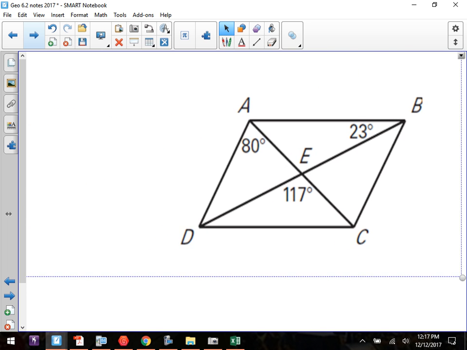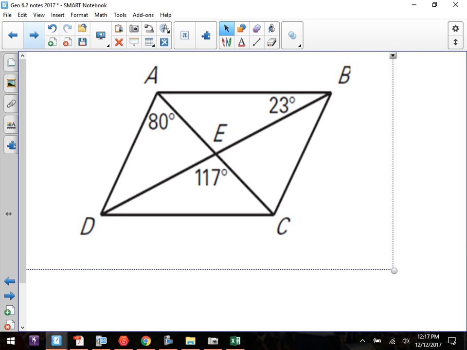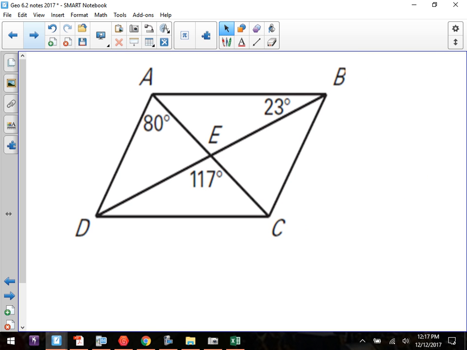This is a parallelogram, A, B, C, D. And they're giving you 3 angles. If you go through the entire thing, you'll notice that there are 12 total angles.